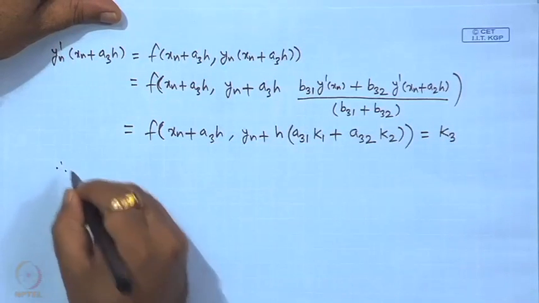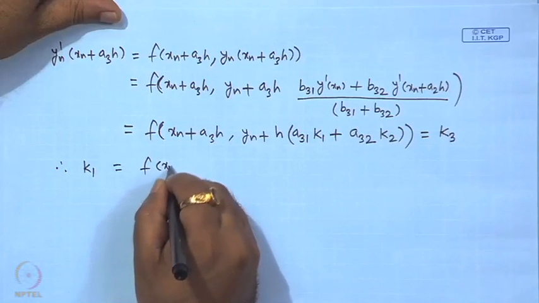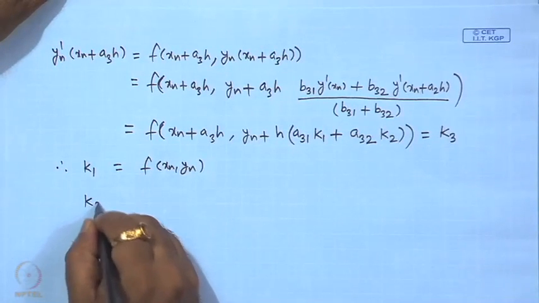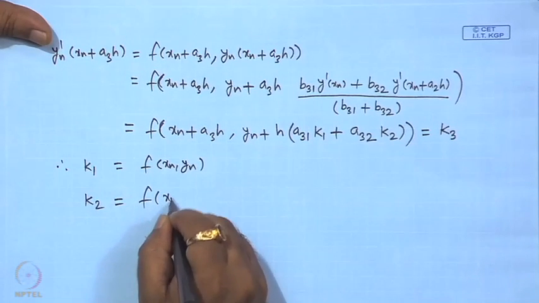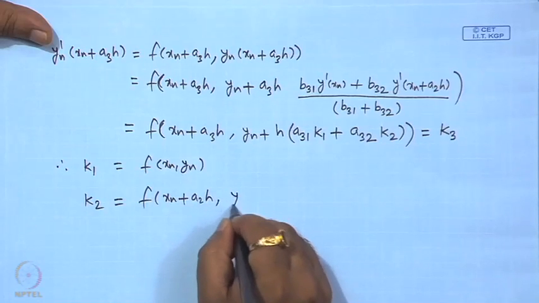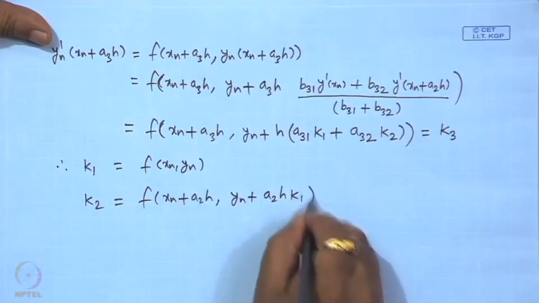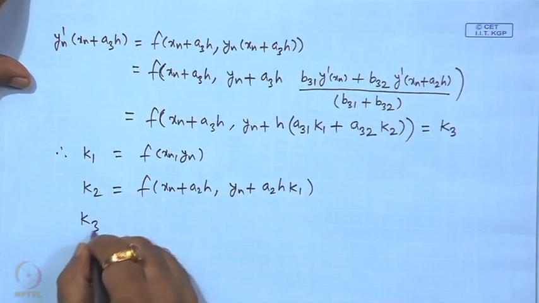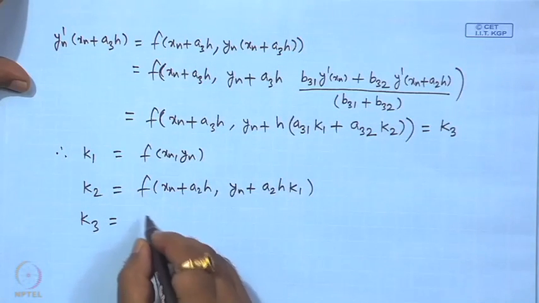So, let me define k 1 is this, k 2 is this. So, in K 2, K 1 is involved, in K 3 both K 1 and K 2.